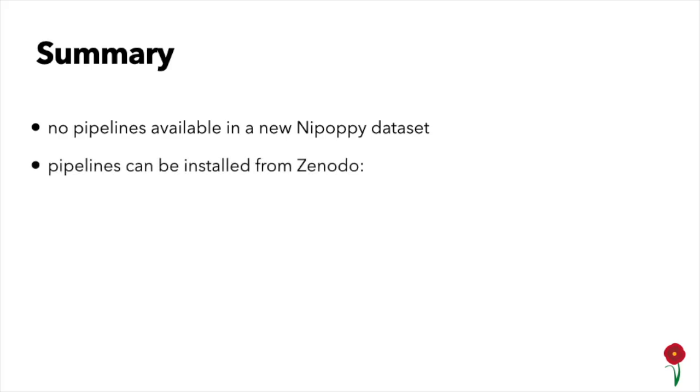Let us summarize what we learned in this tutorial. When we initialize a new Nipoppy dataset, we do not yet have any pipelines available. We need to install a pipeline setup from Zenodo. You can search for available setups on Zenodo with the command nipoppy pipeline search and install them by running nipoppy pipeline install and passing the Zenodo ID.